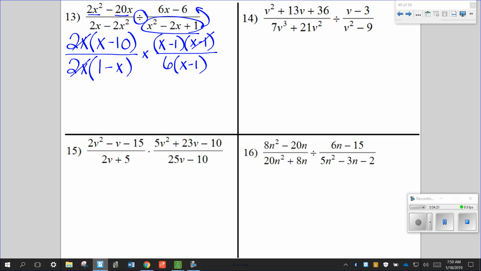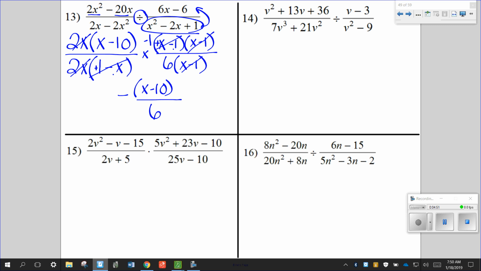Okay, so I have x minus 1 and x minus 1. Those divide out. And then look here, I have a positive x in the numerator, negative x in the denominator, negative 1 in the numerator, positive 1 in the denominator. So those divide out, but they divide to be negative 1. So we're going to have a negative sign out front, x minus 10 over 6.